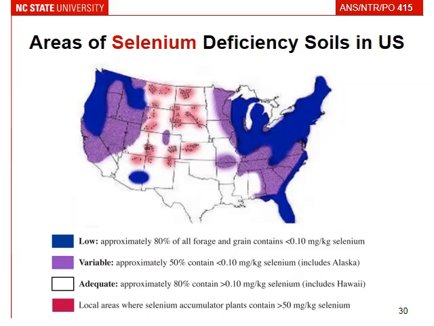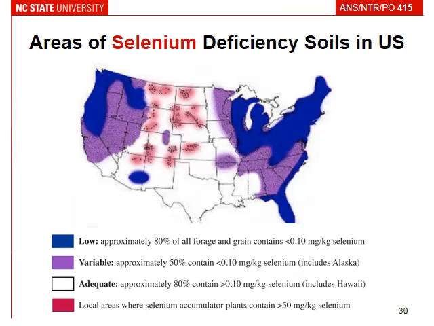So here I have a map of the United States showing the amounts of selenium within the soil. You can see the dark blue areas throughout Oregon and Washington, the Northeast and the Northwest, and in Florida, where there's a very low amount of selenium within the soil.